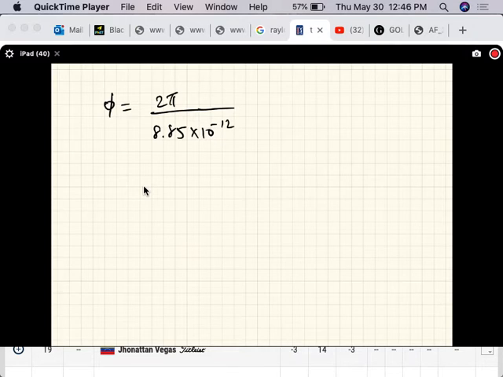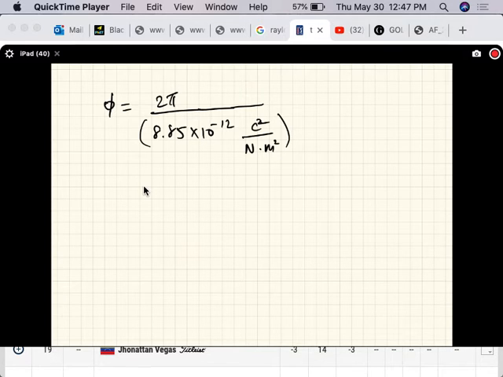Can somebody check on this? The value for epsilon naught, and the units are, no, epsilon naught is something like that.